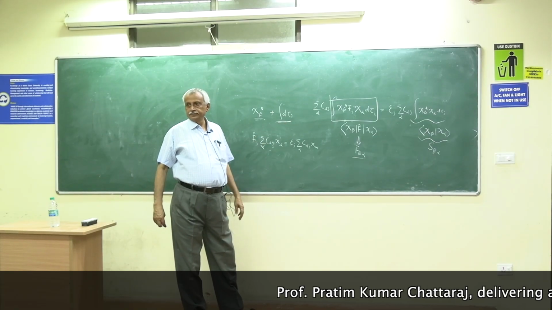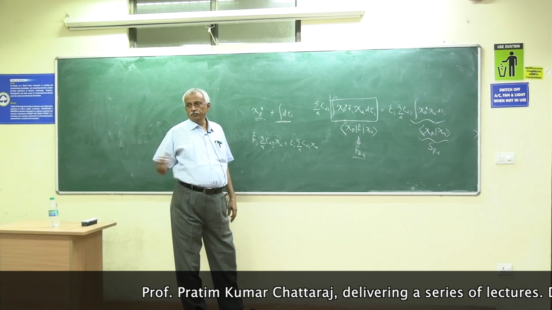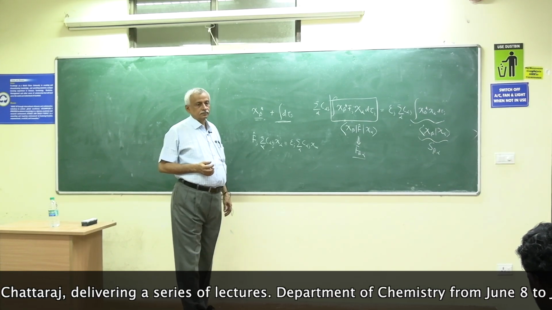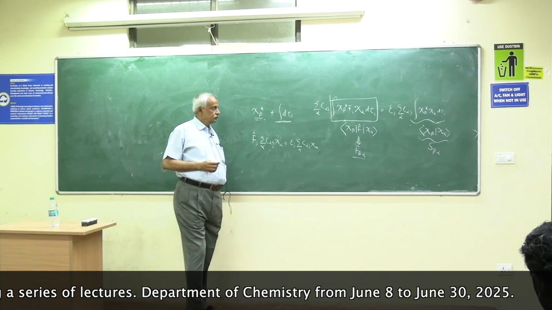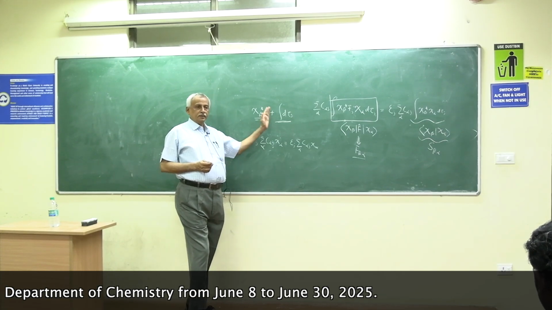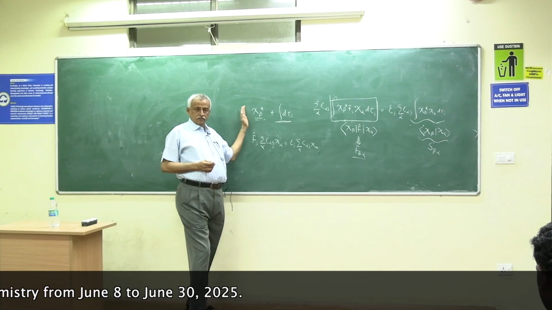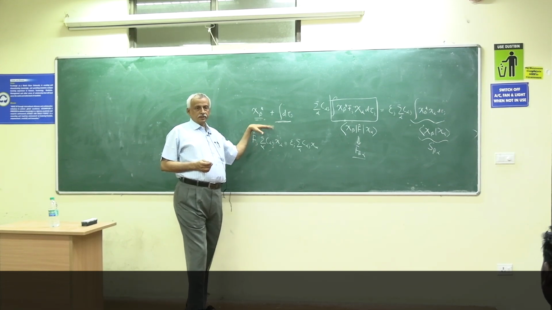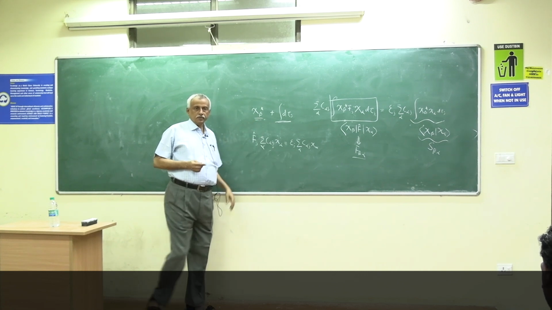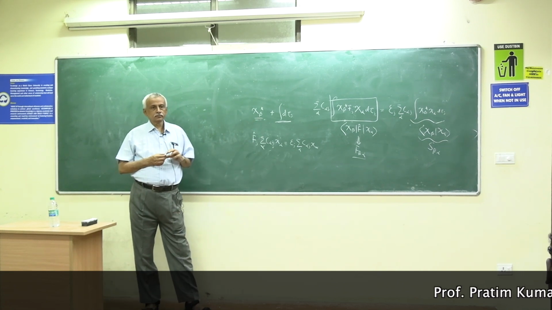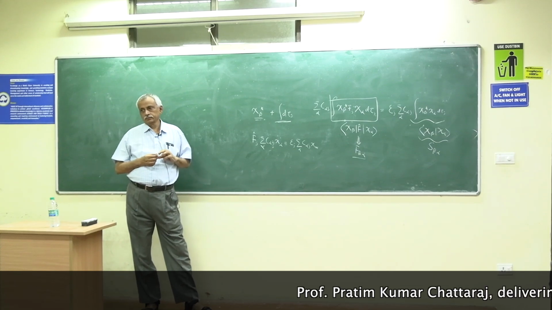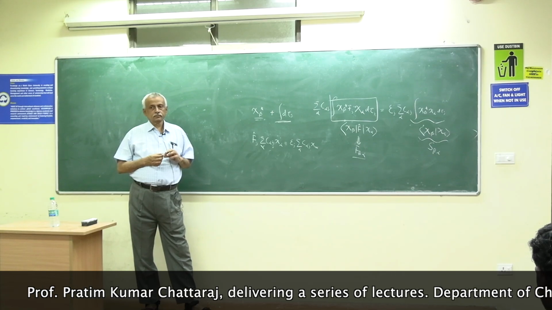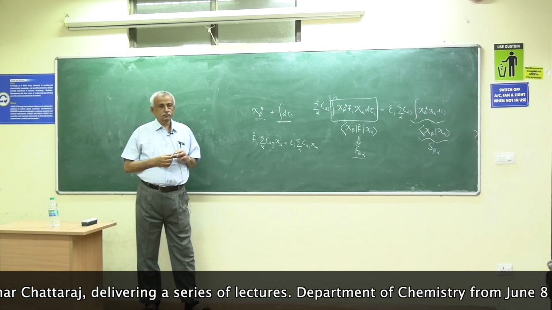Perfect. Do you have any confusion? Tell me before we proceed further. What I have done is left-multiplied by χ_β star, then integrated over the electronic coordinates of the jth electron.